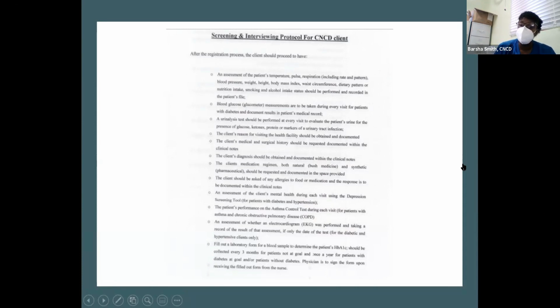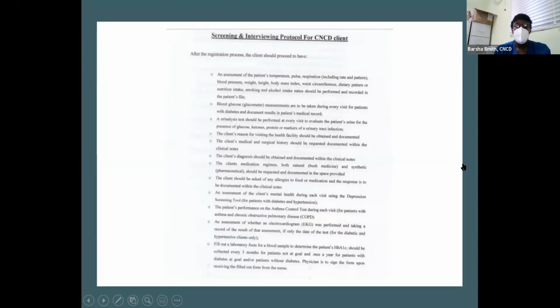We need to do their finger stick. If a diabetic comes in the clinic, we need to know what their blood glucose is. And of course, we need to make sure that we perform a urine test on these patients. Are they spilling glucose? Are they spilling protein? Are there leukocytes? Whatever it is in their urine, we need to know so that we can provide the quality of care that they need.